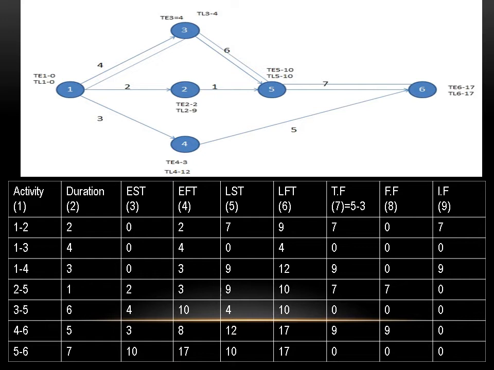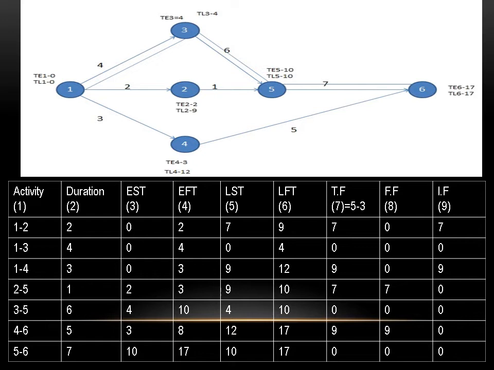In the EST column you have to see the beginning event, that is 1 in 1 to 2, and write the TE from the diagram in the EST column. If the earliest start time is known, the earliest finish time would be just earliest start time plus duration.